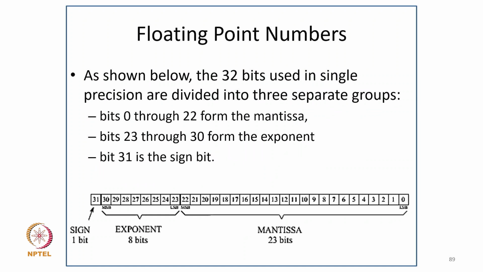As shown below, the 32 bits used in single precision are divided into 3 separate groups. Bits 0 through 22 form the mantissa, bits 23 through 30 form the exponent, and bit 31 is the sign bit. So, 1 sign bit, 8 bits for the exponent and 23 bits for the mantissa, making up the 32 bits.